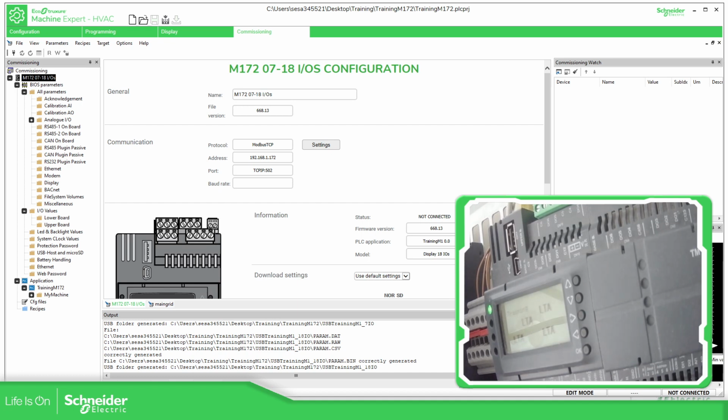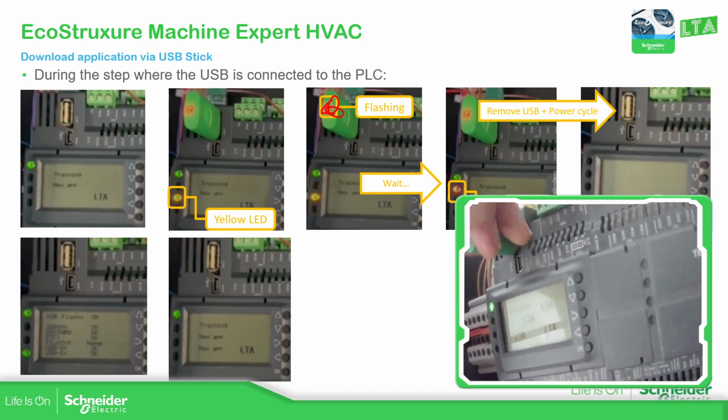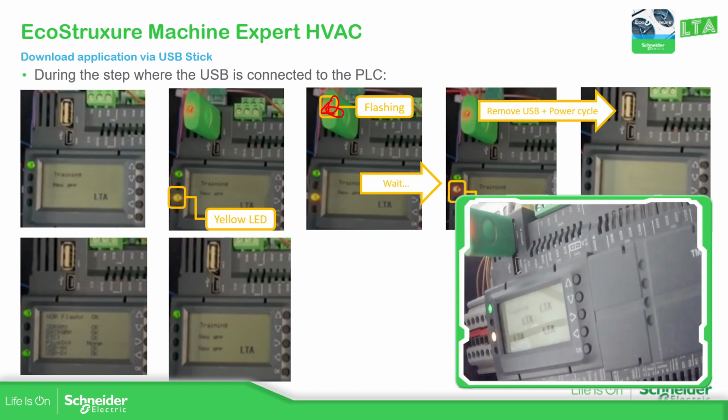Show again the presentation here. So in this particular case, I'm not going to remove the power supply. USB, you can see the LED is flashing. The LED, the yellow is on. So we just need to wait until we finish.